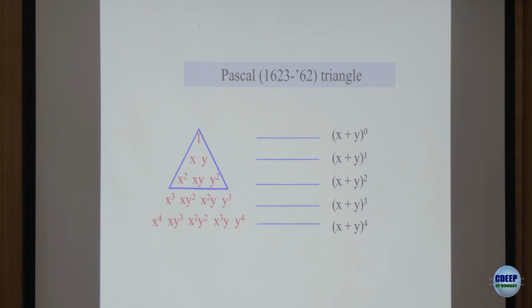But if you see, these years are important. Blaise Pascal wrote about it. He was born in 1623 and he died in 1662 at a very young age of 39. So he must have worked on this in between this period, and we refer to it as a Pascal triangle in school.